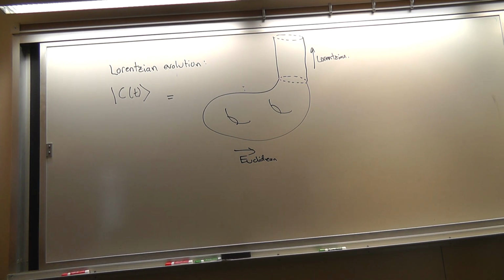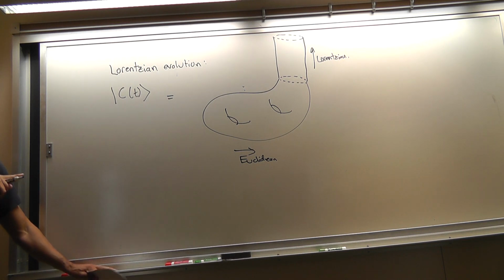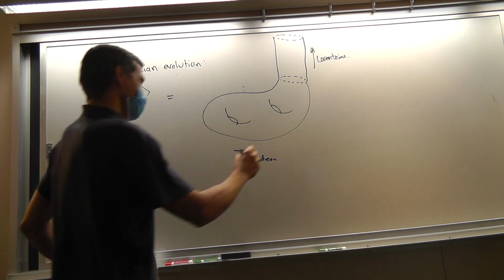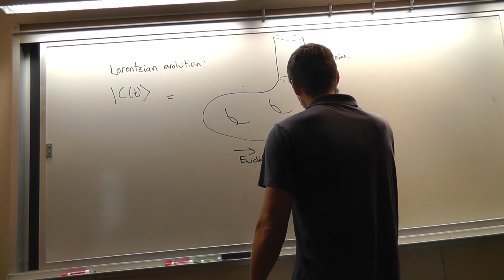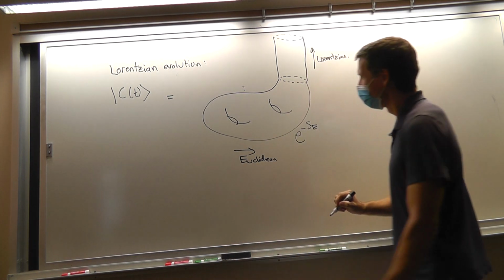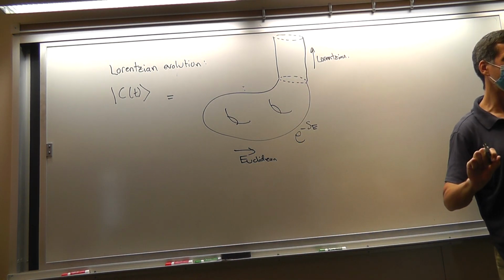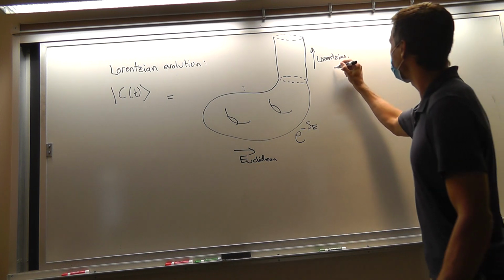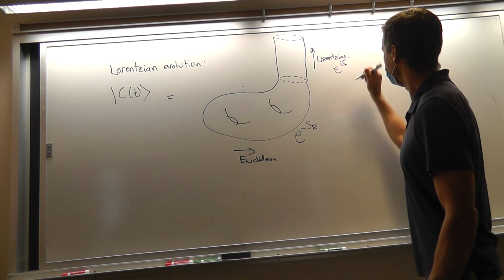What do I mean by that in practice? I mean, when you actually do the integral, remember, all these pictures I'm drawing are not just for fun, these are integrals. Every one of these pictures is an integral. So what I mean is that when you actually do the integral, here you do the integral e to the minus S_E, and here you do the integral e to the iS.